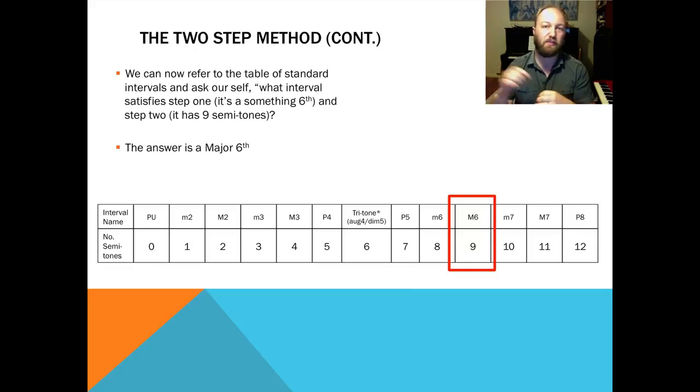If it's not there, it's probably a minor or something. I find that can get a little bit confusing in some circumstances, or if you're asked to write a specific interval below a given note. So this way it doesn't really matter. You can do this with any note, really simply. So the answer, of course, is a major sixth.